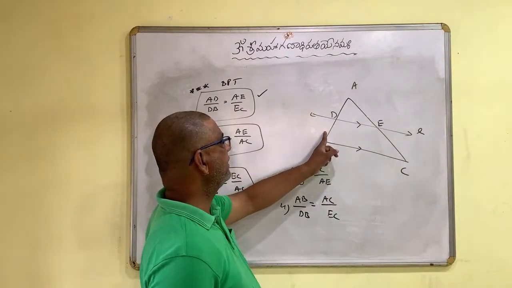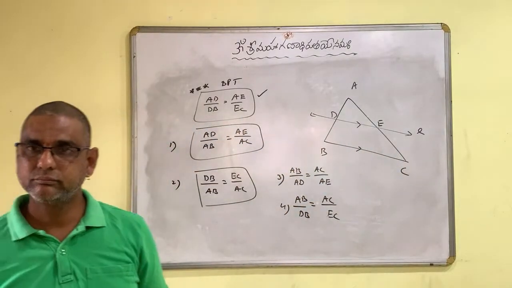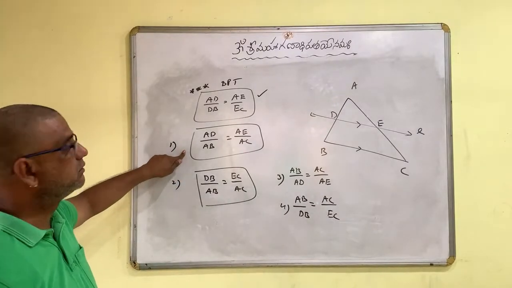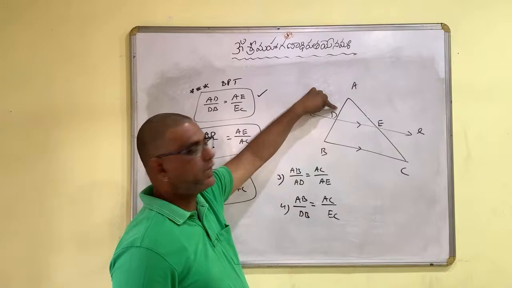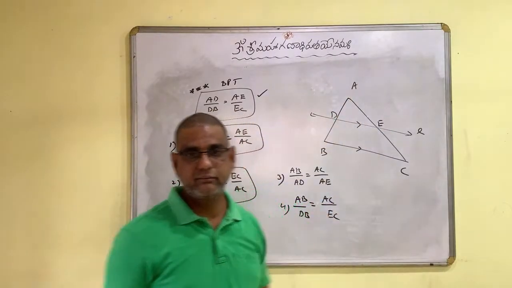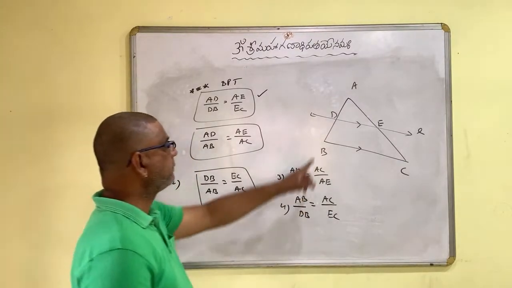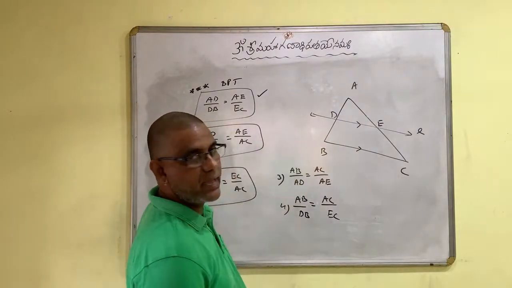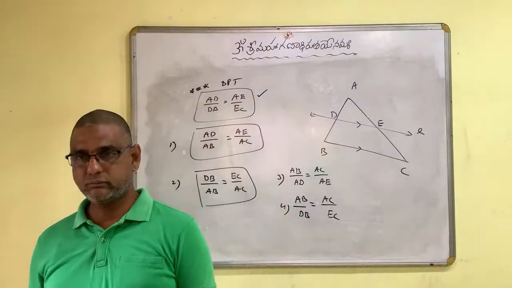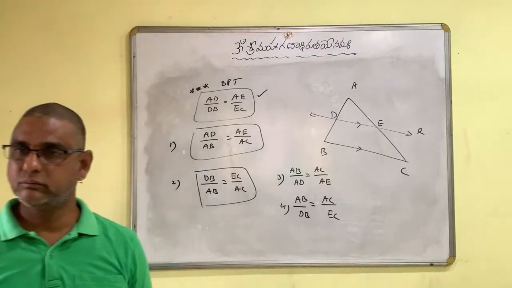Once again, AD by DB equals AE by EC, that is the basic proportionality theorem. Corollary one: first part AD by total AB equals AE by AC. Corollary two: second part DB by total AB equals EC by AC, that is also equal. And these two are inverse ratios of these two, they are also equal.